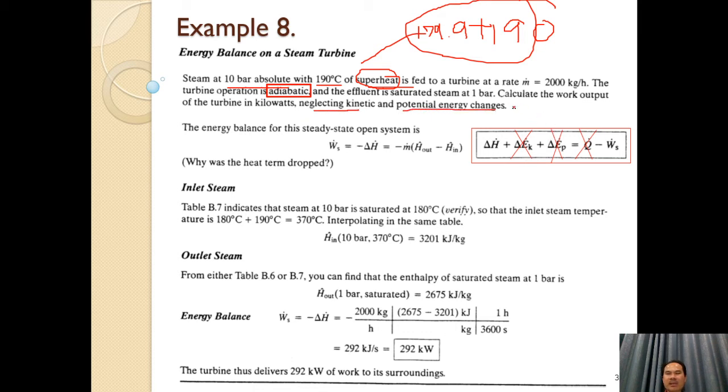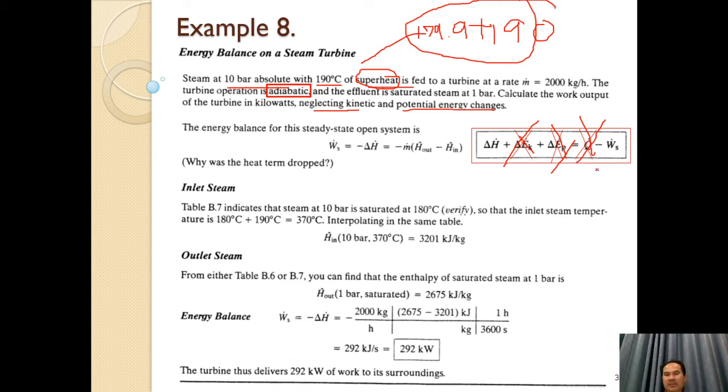For this case, you can use the general equation for energy balance: delta enthalpy plus delta kinetic energy plus delta potential energy equal to heat minus work. For this case, there is no kinetic energy, no potential energy, and no heat cross between environment and system.